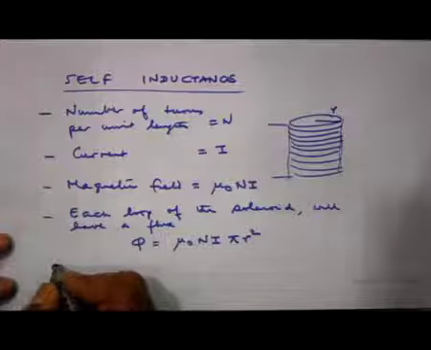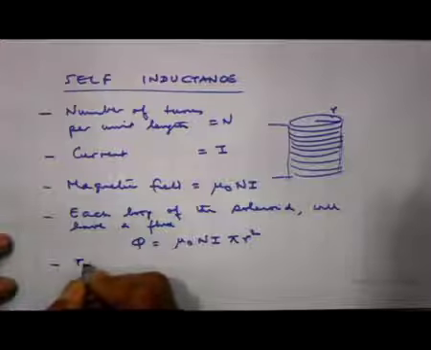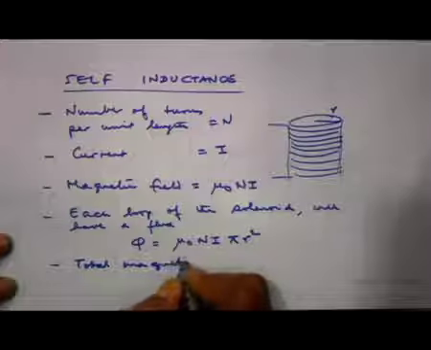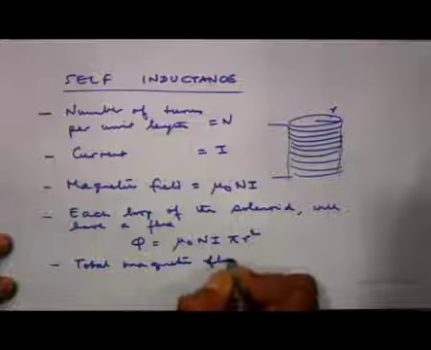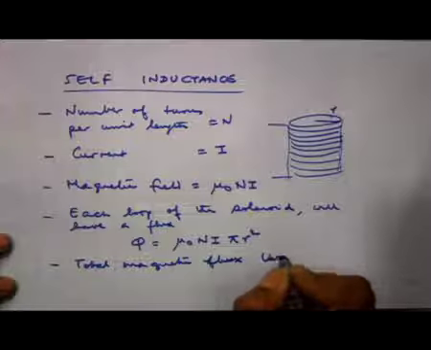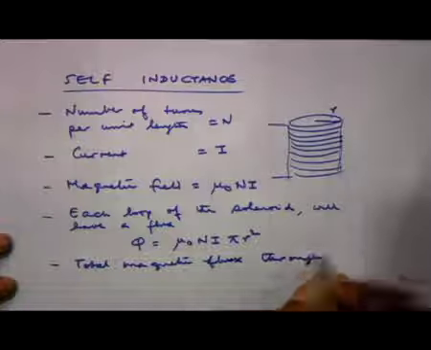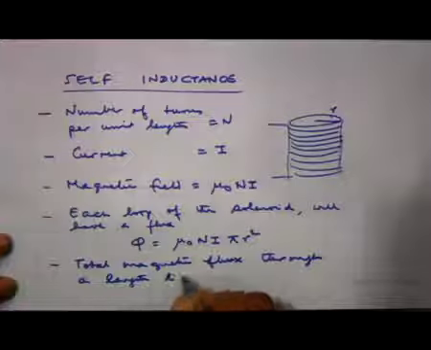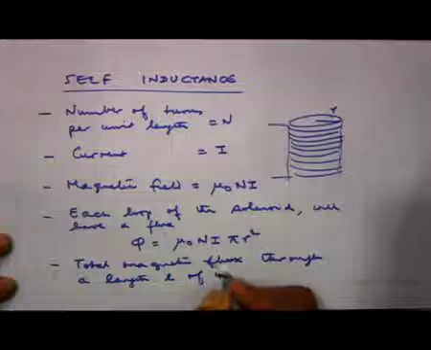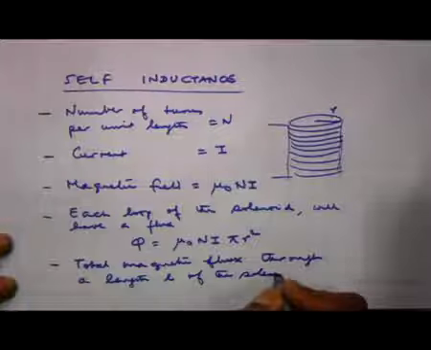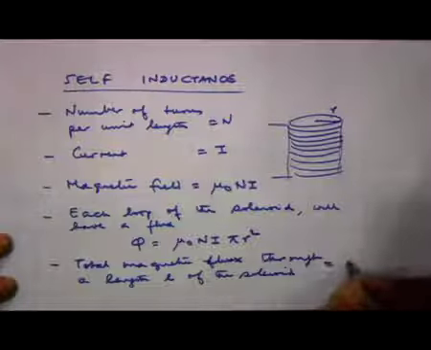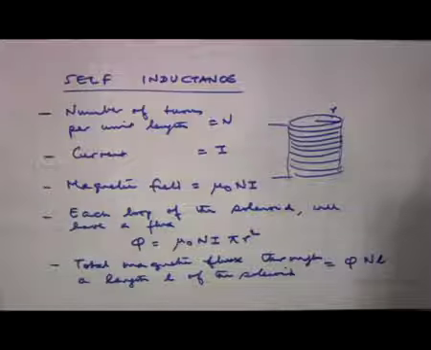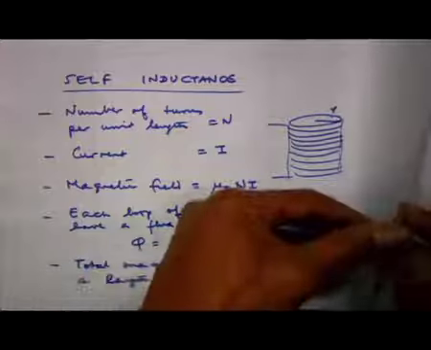So, the total magnetic flux through a length L of the solenoid is equal to phi times the number of turns, which is n times L. So, let me calculate this again.